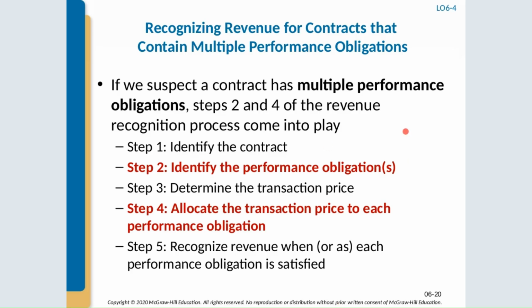All right, so we have recognizing revenue for contracts that have multiple performance obligations. All right, and some of these you're very familiar with. It's just that you didn't think about how the seller recognizes the revenue. So, for example, I'm pretty sure everyone has a phone, right?